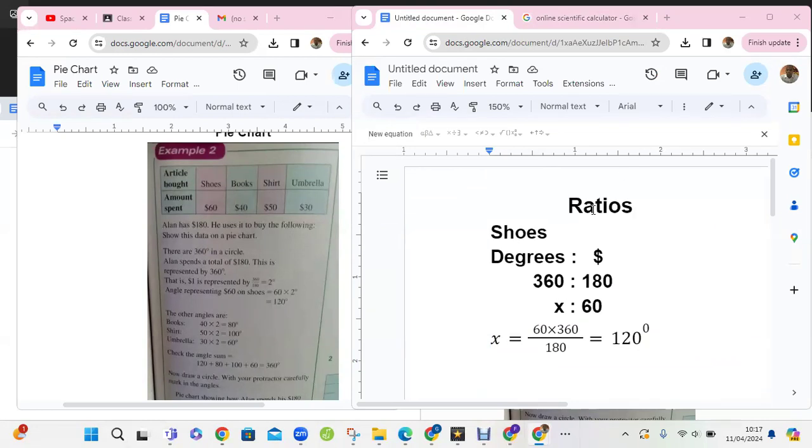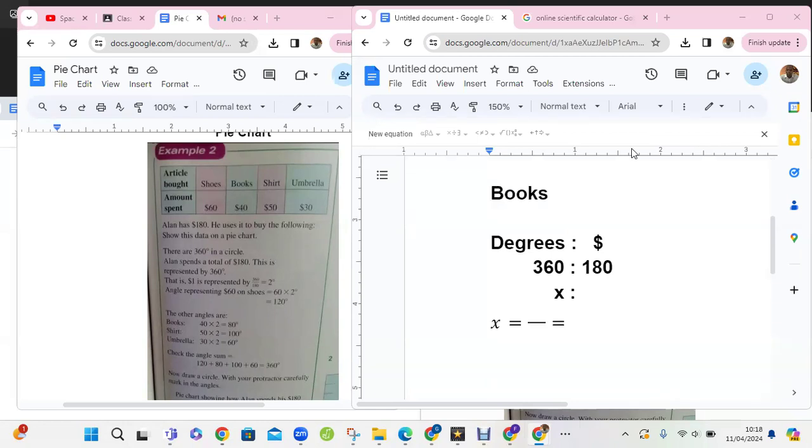So now we have to repeat the same for books. For books, we're going to apply the same four-step process. Your labeling ratio is degrees and dollars. Your complete ratio is 360 degrees to $180. Your incomplete ratio, we want degrees, so we put the X on the degrees, and we have $40 for books.